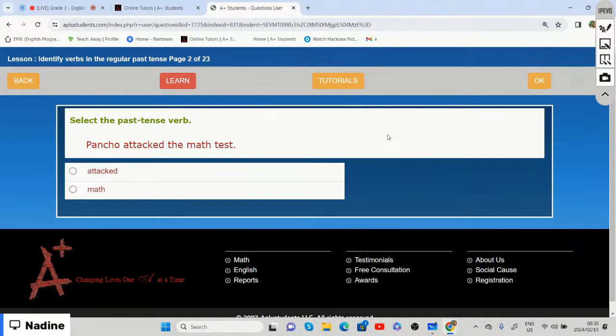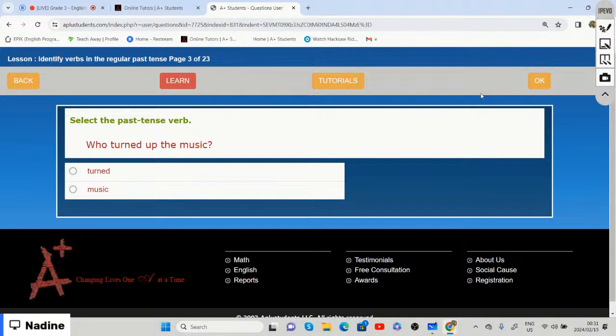And if we select the past tense verb, we're going to choose the first one, which is attacked, and we add the ed. So attacked, well done. It's correct.